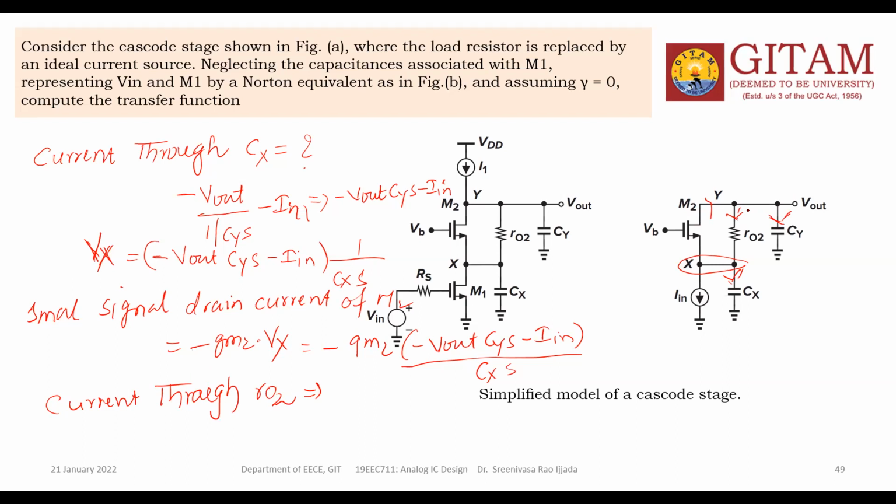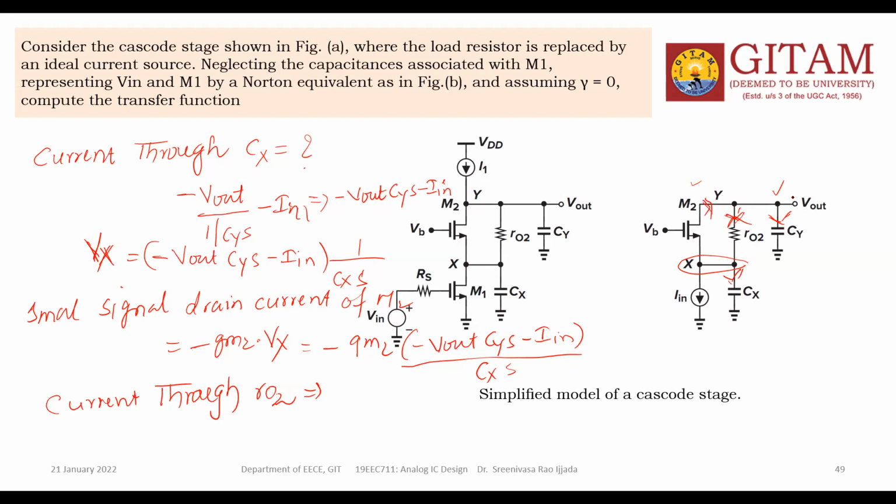You can write the current: these two currents' subtraction is this current, because three currents are coming. You can split like this, or it may be coming like this. You can add, this is equal to this one.